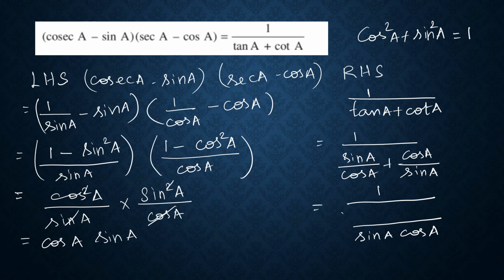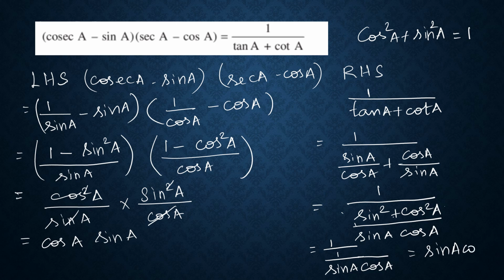So cross multiply: sin square A plus cos square A. This will become 1, and this will become equal to 1 by sin A cos A. The sin A cos A will go up, so you will get sin A cos A. Now you see, the left hand side and right hand side are both sin A cos A. Hence left hand side equal to right hand side, hence proved.